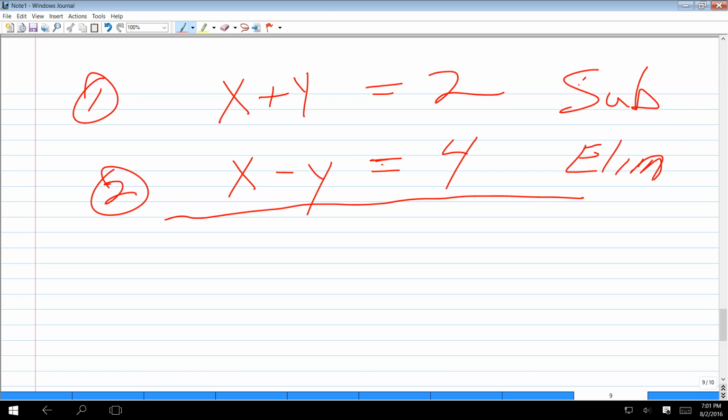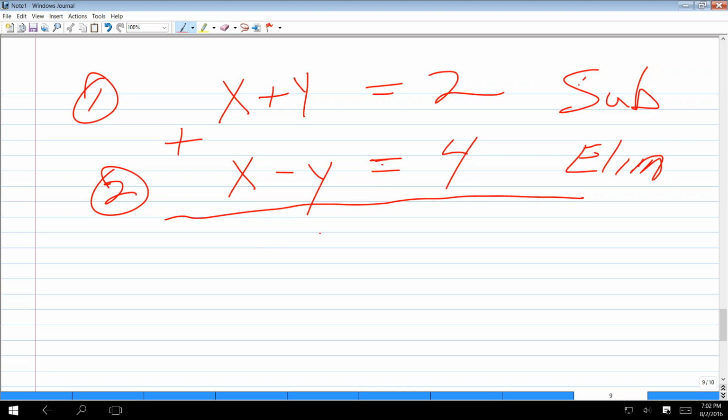I could do either one. If I add the two equations, y is going to be eliminated. If I subtract the two equations, x is going to be eliminated. Well, addition is usually better for most students. So let's add the two equations.